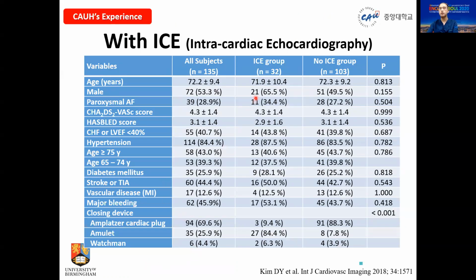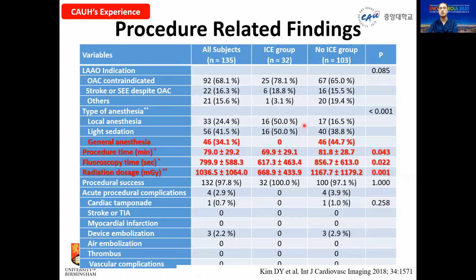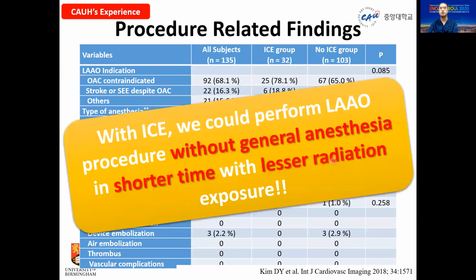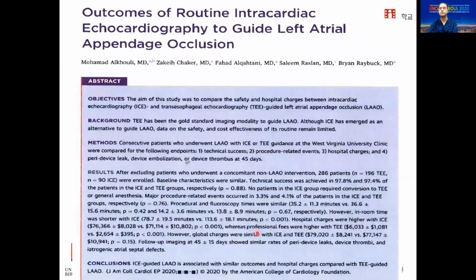When comparing procedures with and without ICE in our center, there were no significant differences in baseline characteristics, and by applying ICE, there were no significant differences in procedural results, and we could perform left atrial appendage occlusion without general anesthesia, in shorter time and with less radiation exposure.